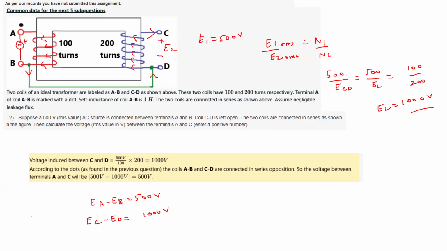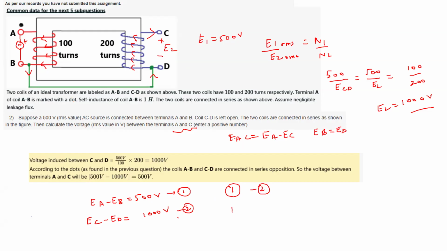Now we have to find EAC, basically between the terminals A and C. EAC is EA minus EC. You will find that B and D are indirectly short circuited, so EB will be equal to ED. To find EAC, I'll just subtract 1 minus 2.